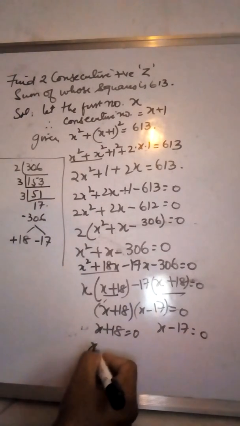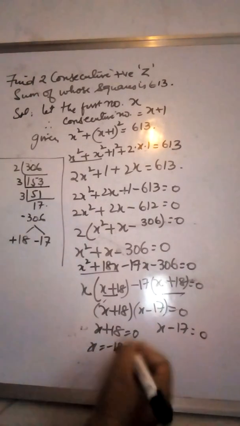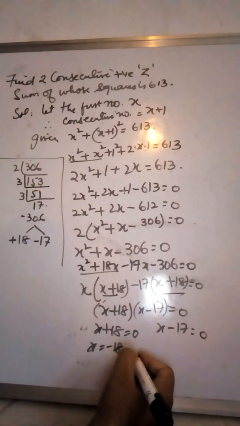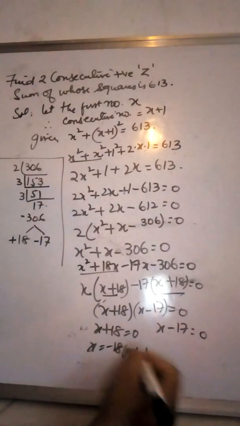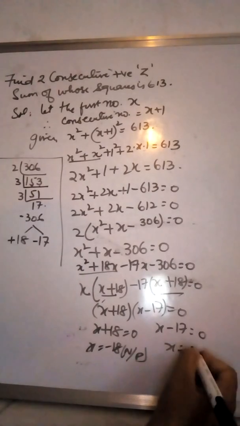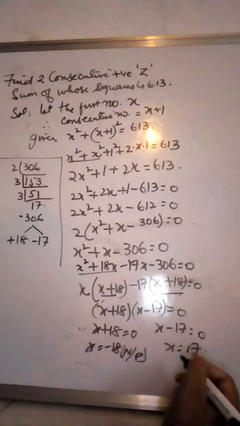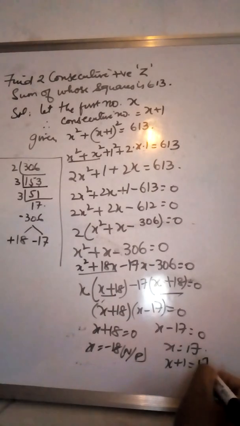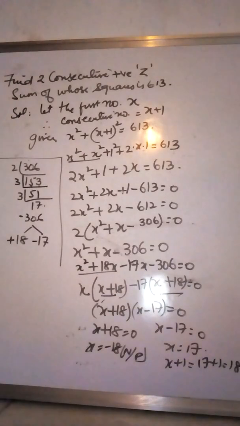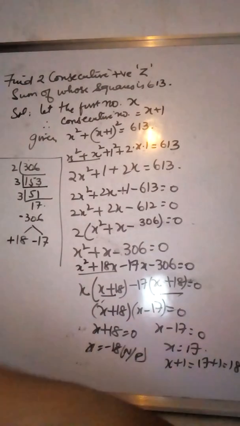So x is equal to minus 18. He is asking for positive integers, so this is negative and not possible. So x is equal to 17. The other number is x plus 1, that is 17 plus 1, which is equal to 18. So we got the answer as 17 and 18.